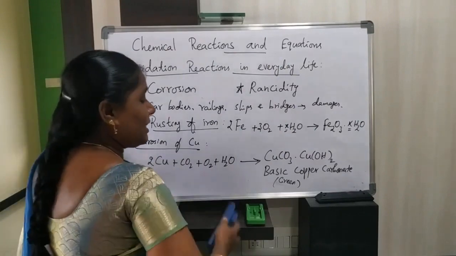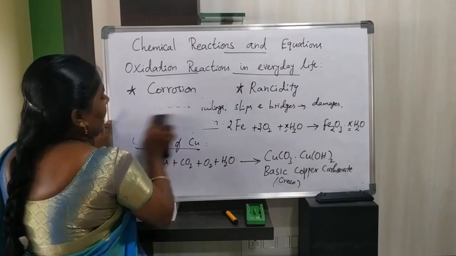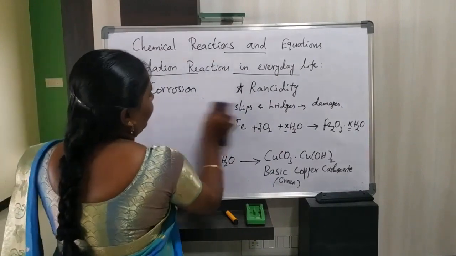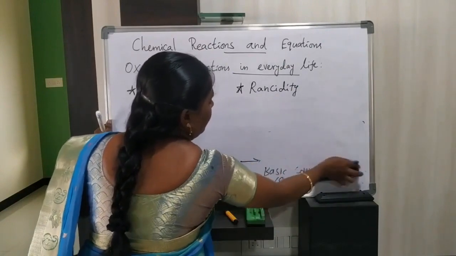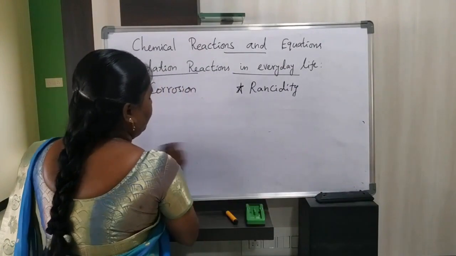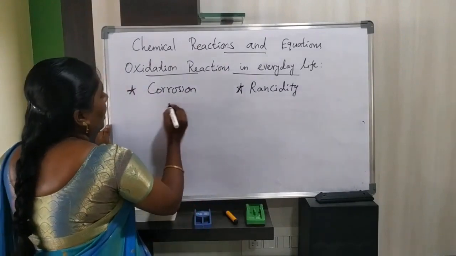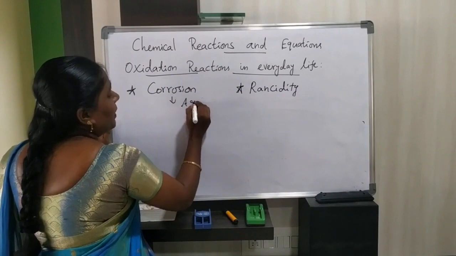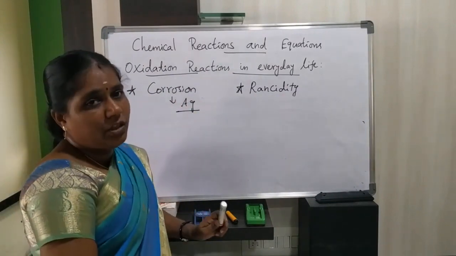Next we are going to discuss corrosion of silver metal. What is the symbol of silver? It is Ag.